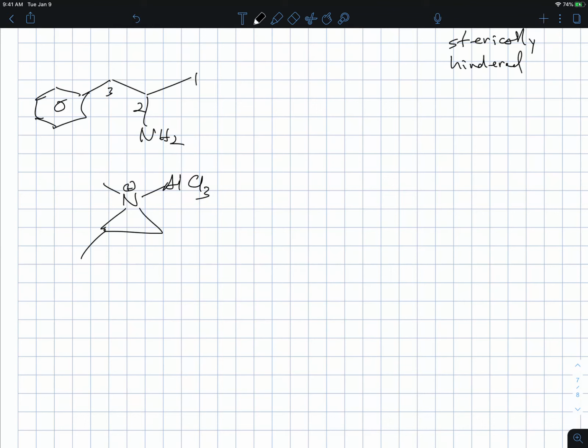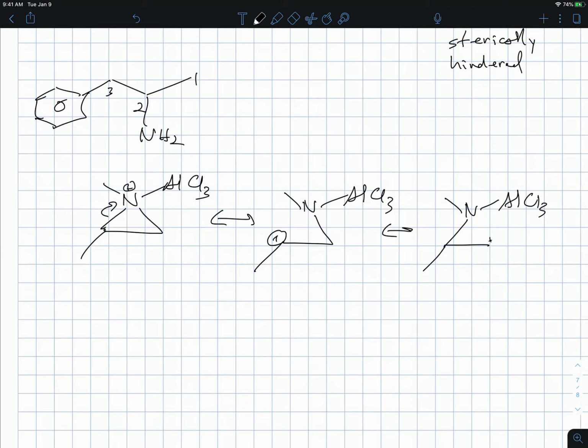So this is our ion, but just like a bromonium ion, we've got some resonance structures. We've got that one, and of course we also have it on the other side. So there's partial positive charge on both the carbons as well.